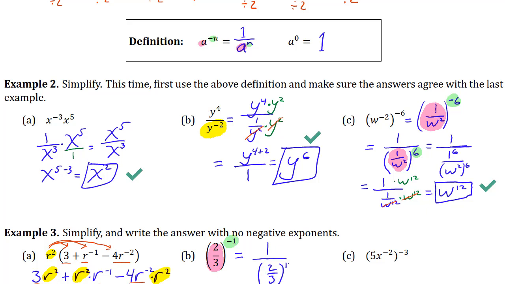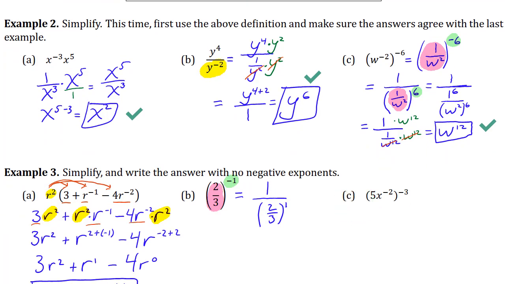And 2/3 to the power positive 1 is just 2/3. So this is just 1 divided by 2/3. I'm going to multiply both sides by 3. You can always multiply both sides of a fraction by the same thing, and that will cancel out that 3. And this leaves you with just 3 over 2.